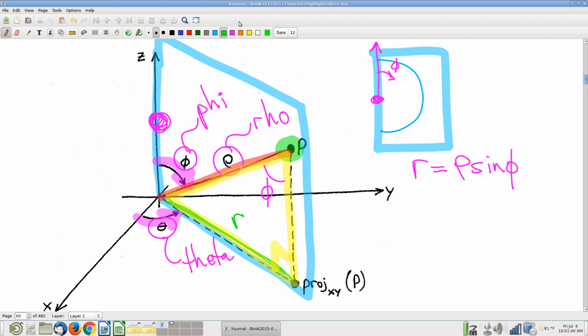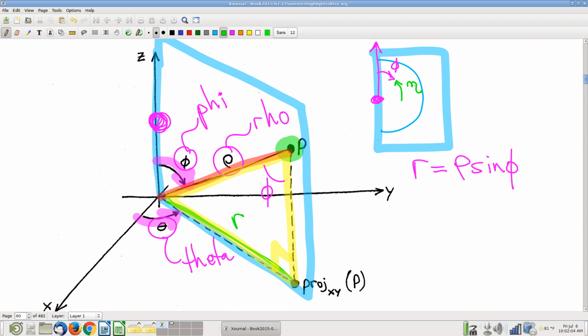North latitude is measured like that. So phi is not the same as latitude, but they're closely related in that they add up to pi over 2. So if you know longitude and latitude, then a trivial calculation allows you to compute theta and phi.